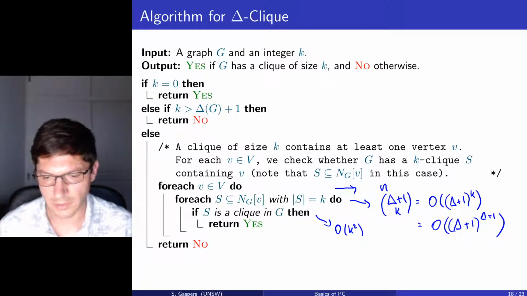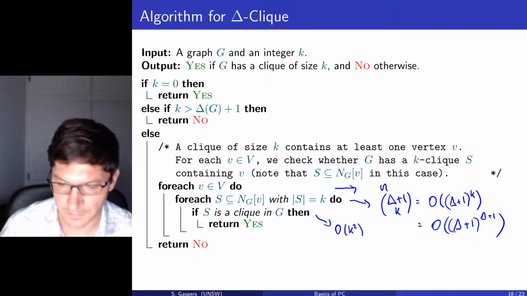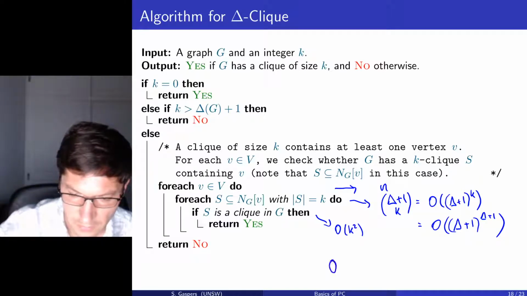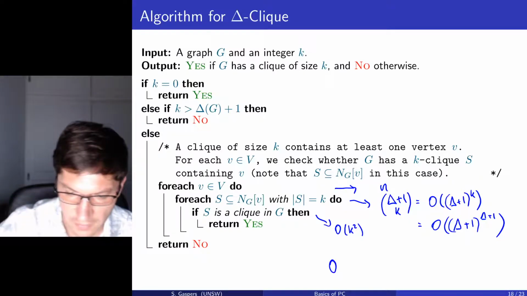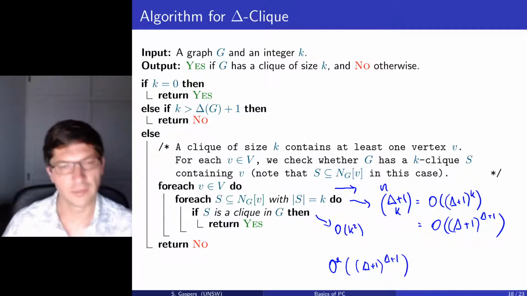In total we have something like n times delta plus 1 to the power delta plus 1 times k squared. So the only exponential dependency here is on delta, and we conclude that our running time is exponential only in delta. So indeed we get an FPT algorithm with parameter delta.